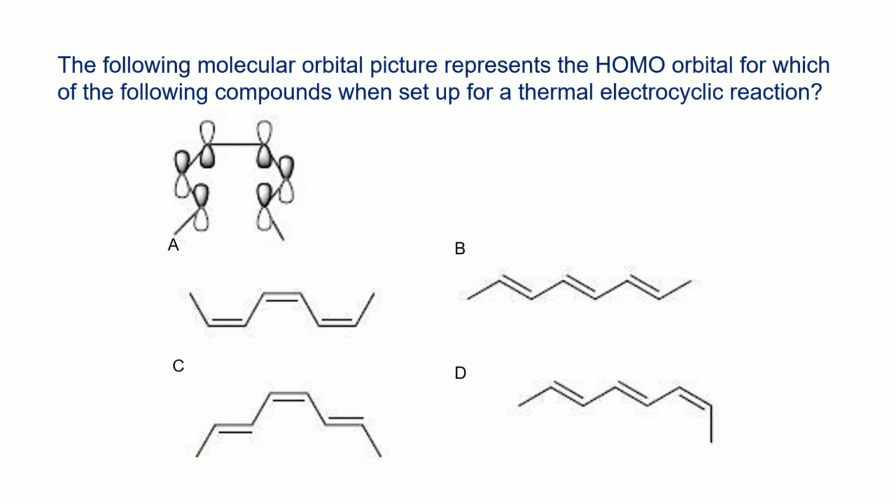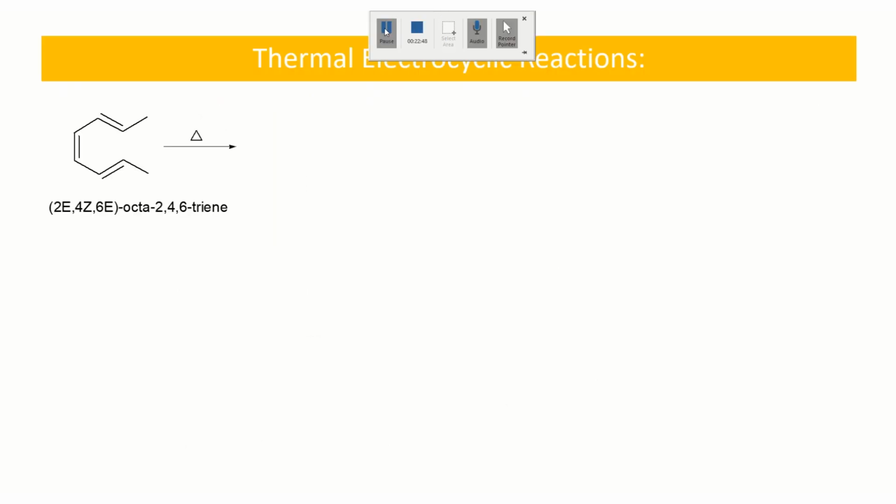So here, I'm just asking a simple question. It says, which highest occupied molecular orbital is represented in the following? Please go ahead and work on that. We're going to push on.